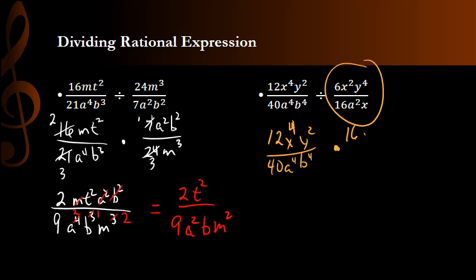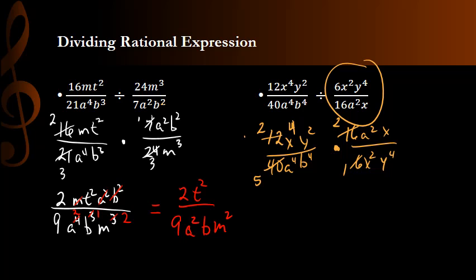So it's 16a squared x over 6x squared y to the 4th. And like I did this time, I'm going to go ahead and do some cross multiplication on the real numbers. And 6 and 12, well, 6 going into 6 one time, but 6 into 12 is 2. And with 16 and 40, both of those are divisible by 8. 8 will go into 16 2 times, and 8 will go into 40 5 times.